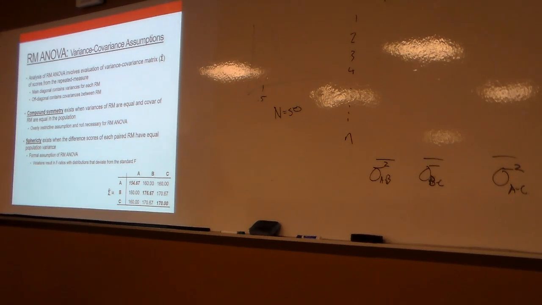And so what happens if we start to violate this assumption of sphericity is we get F ratios that have distributions that are very different than what we would expect under a standard F. So basically, the same problem we have with any violation of assumption. Our test statistic doesn't follow the theoretical test statistic that we're testing it against, right?